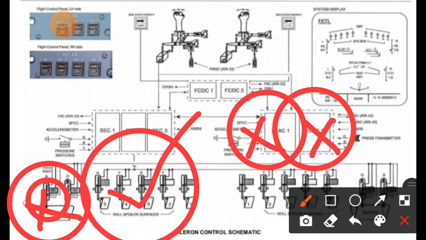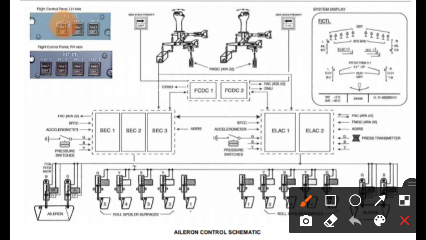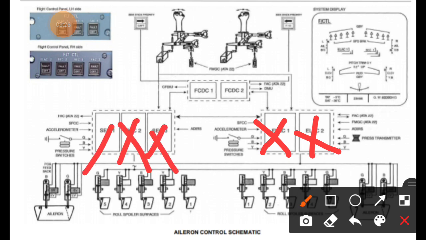And let's suppose that all the control has been lost, for example all the computers have failed, ELAC 1, ELAC 2, SEC 1, 2, 3, all computers have failed, or there is an overall electrical failure, or whatever the condition is. Then we get the induced roll by the yaw when we move the rudder pedals.